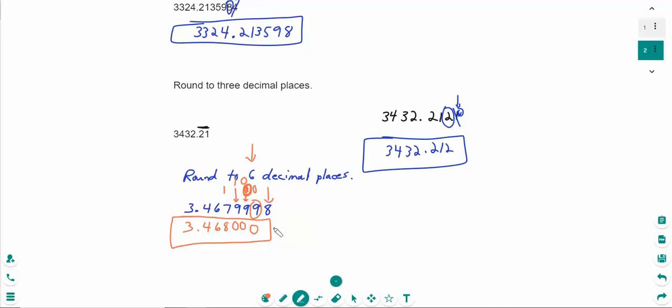However, hopefully you can see that this number is actually no different than the number 3.468. Okay, and that would be an acceptable round in this case. It's not really to 6 decimal places because the other 3 are invisible, but it is. It's just those 3 are invisible.